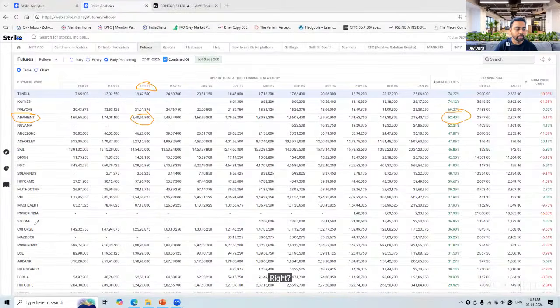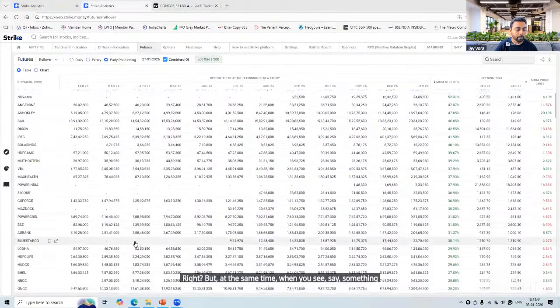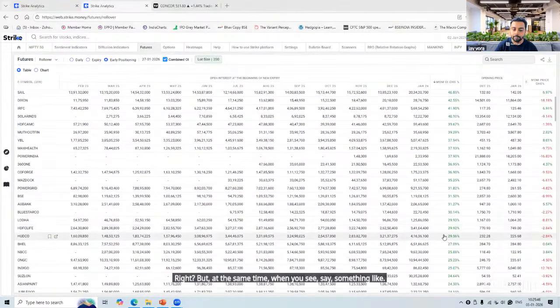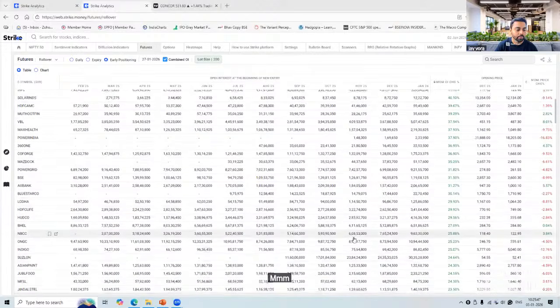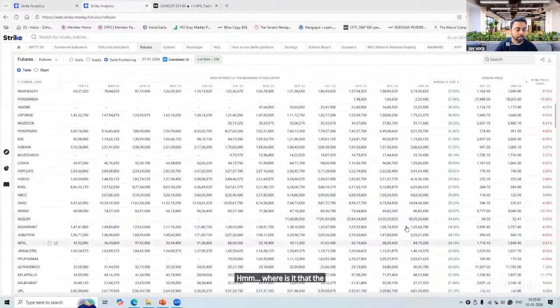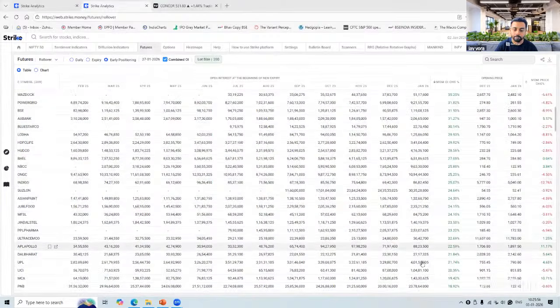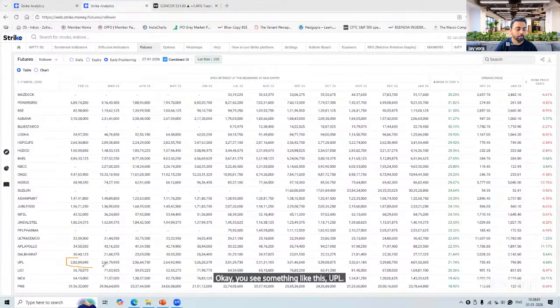But at the same time, when you see, say, something like, where is it that the open interest is high? Okay, you see something like this, UPL. Consistently, the open interest is rising.